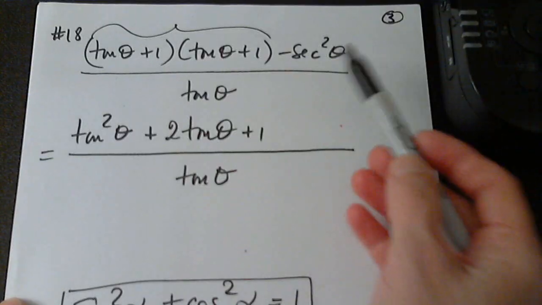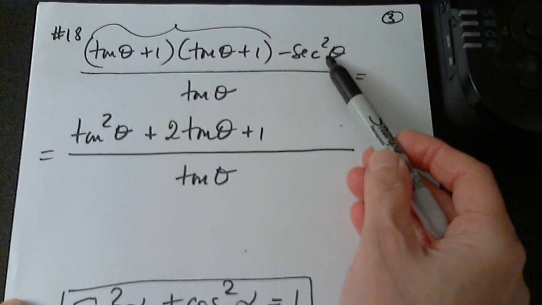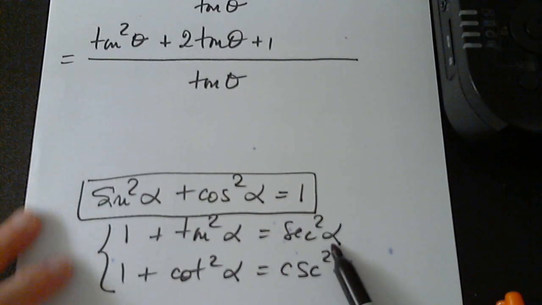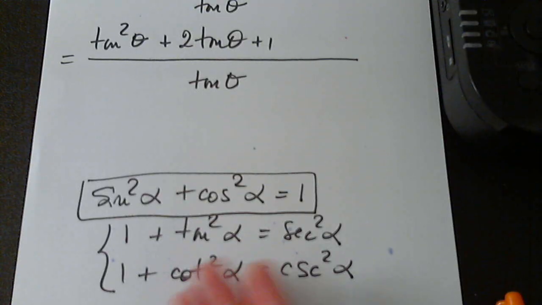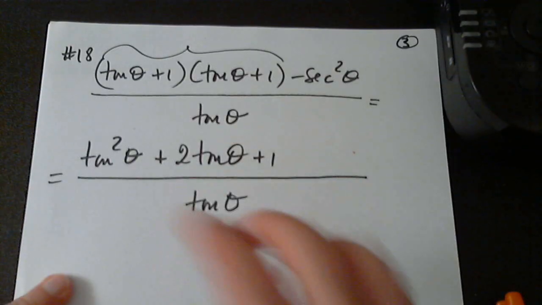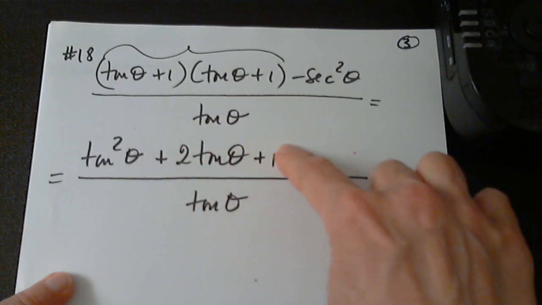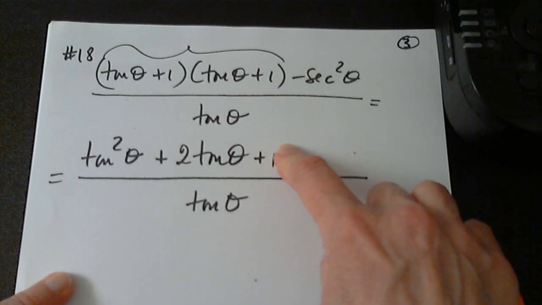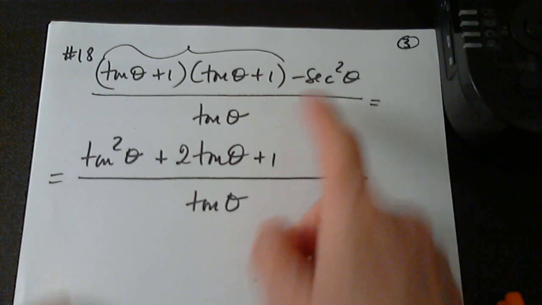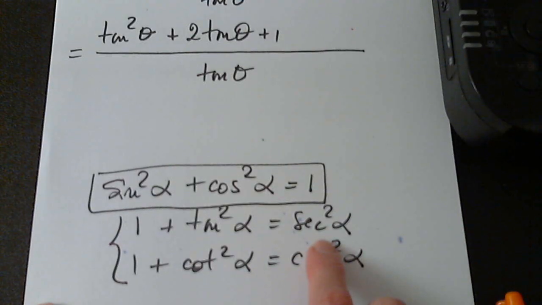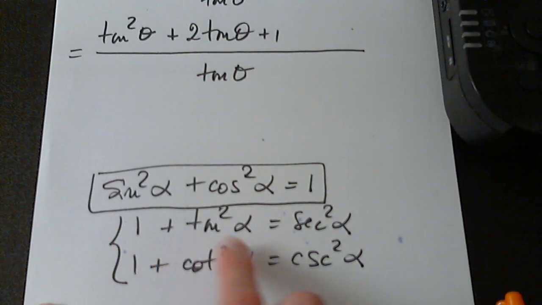Why? Because I'm going to ask you, what do we replace secant squared by? And you have to say 1 plus tangent squared. Why did I ever think of this? Because of what I see here. So the negative secant squared. This is positive secant squared, and I need negative secant squared.